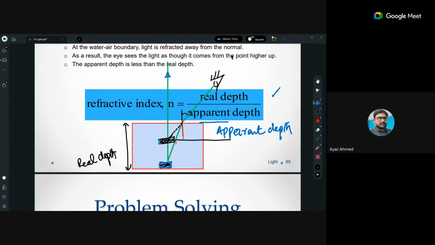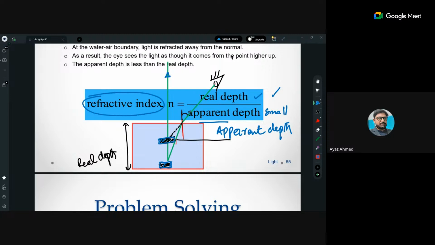So if the object is coming closer to the top, it means it is appearing more shallow. That is, you are going to see it closer to the surface. If real depth is the same, it would not change, but if a medium has smaller apparent depth, then its refractive index is more.